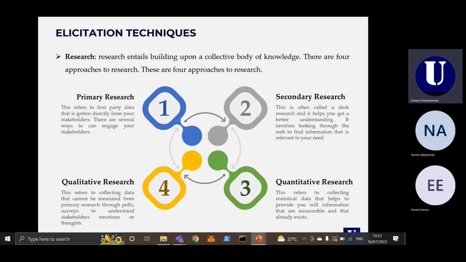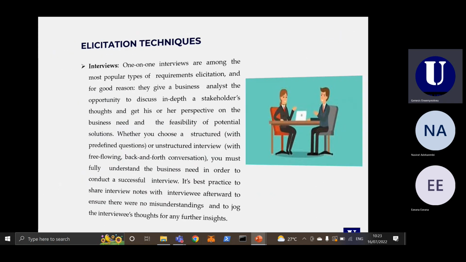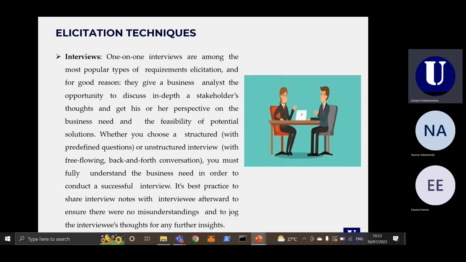So the next type of elicitation technique we'll be looking at is interviews. Interview is one of the most common requirement elicitation techniques we have out there in business analysis. It's more or less the go-to elicitation technique that we have as business analysts.